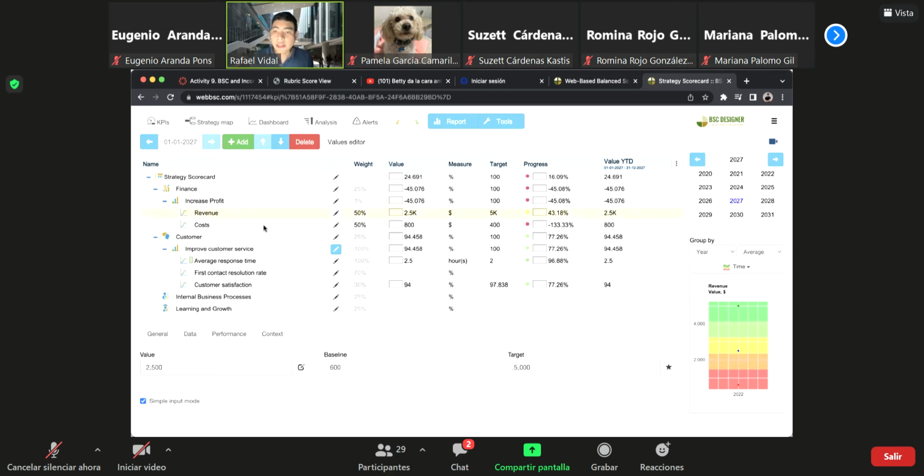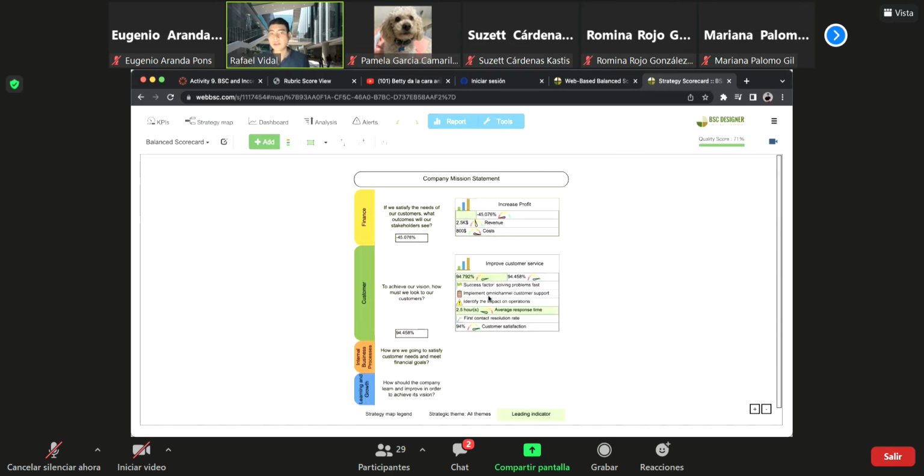And then you define the KPIs that help you to reach that objective. Once we have that, just a screenshot of this strategy map. We have talked so far about the strategy map briefly. However, next week, we are going to get more deeply into how to use the strategy map. So I also want this to be shown in the activity so we can have this already.